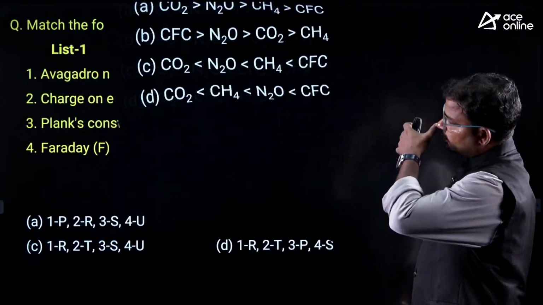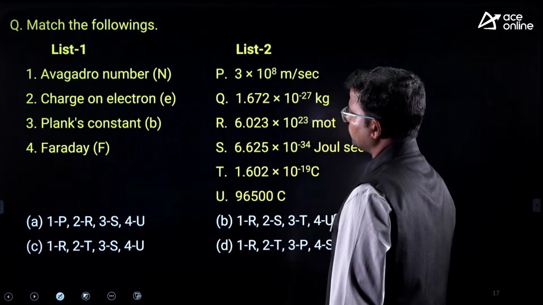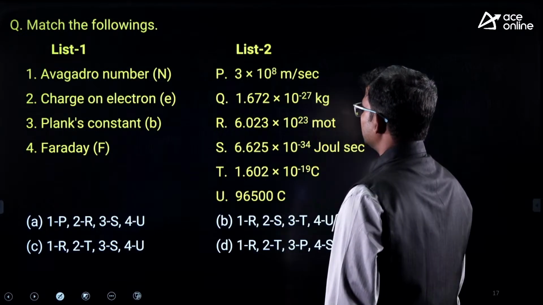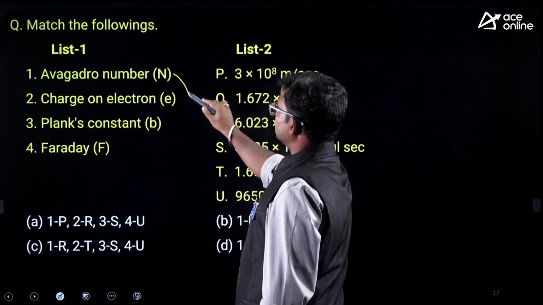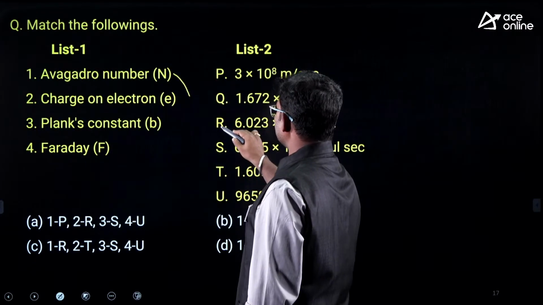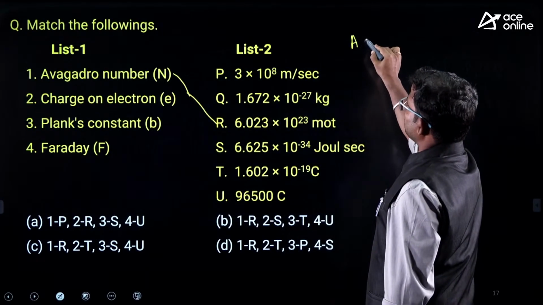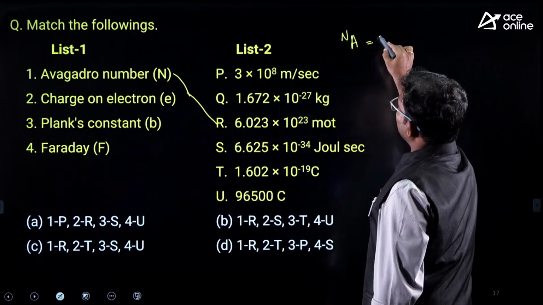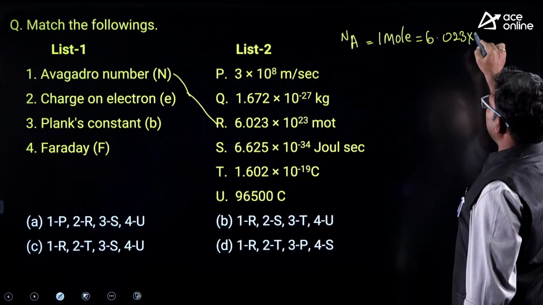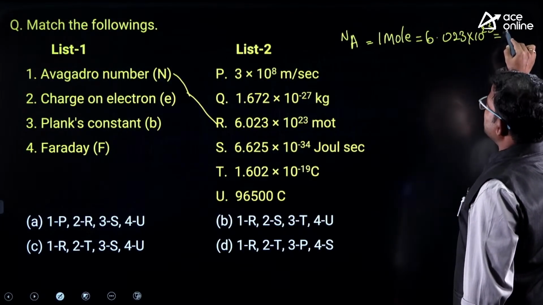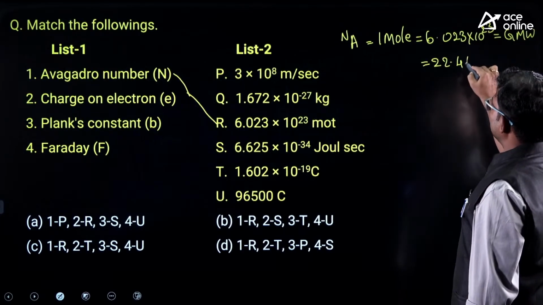Right. Next one, match the following: Avogadro number, charge on the electron, Planck constant, Faraday. Avogadro number is indicated with N. 1 mole is equal to 6.023 into 10 power 23, which is equal to the gram molecular weight, which is equal to 22.4 liters.